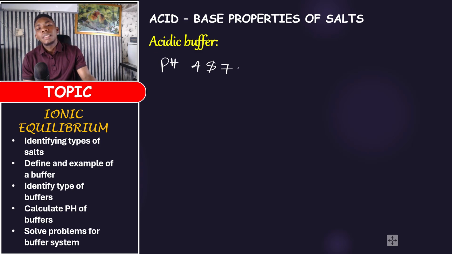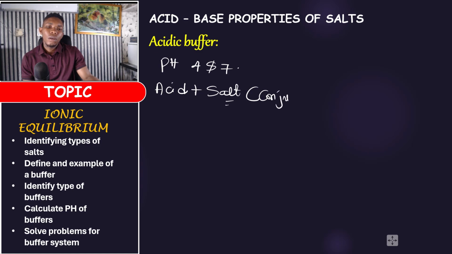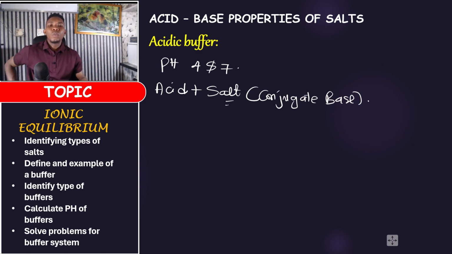Now, we said it can be prepared from a weak acid and the salt of that weak acid, which some persons call the conjugate base. So please indicate this as a weak acid. Buffers are not formed from strong acid.